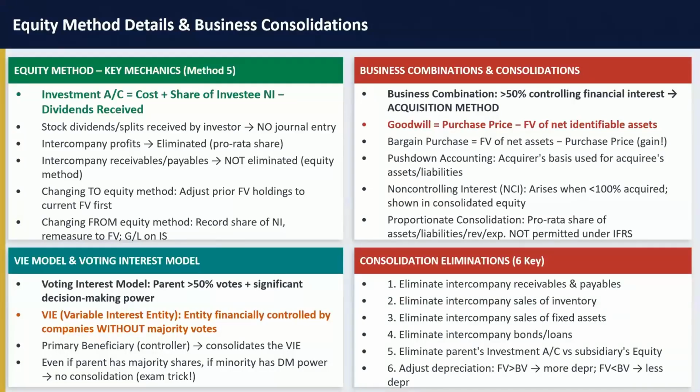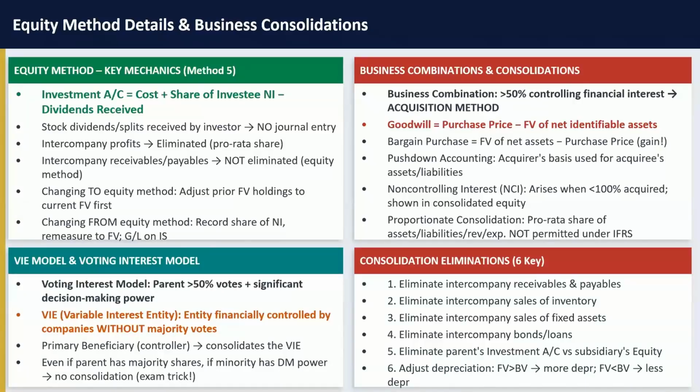Record share of net income means before changing from 25% to 15%, I will have some net income share from that company, but they have still not paid me. So that will be recorded as recorded share of net income. And again, you will remeasure back to fair value. Gain or loss, I'm selling, right? From 25% to come back to 15%, I want to sell these shares. From selling the shares, if any gain or loss is there, that will be reported in the income statement.